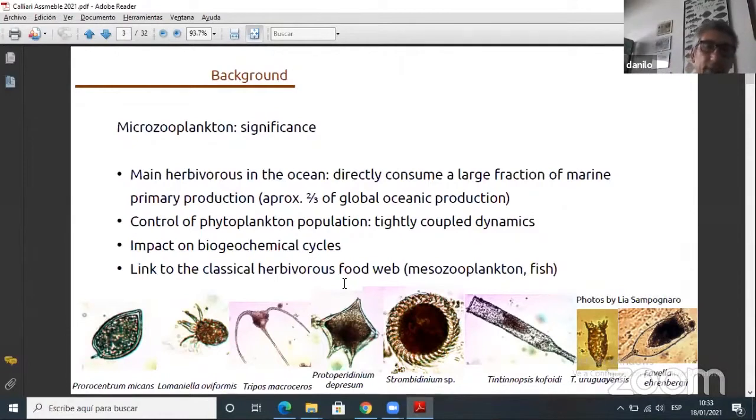That is, microzooplankton and phytoplankton have tightly coupled population dynamics, and due to their impact on primary production, they are also key players in biogeochemical cycles in the ocean, because the largest predators within the microzooplankton are large enough to be part of the prey of other larger plankton organisms. They constitute also a very important functional link between classical and herbivorous microbial webs.